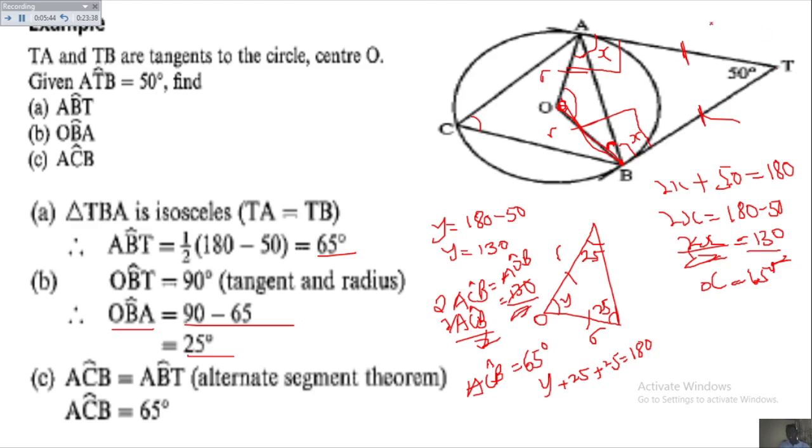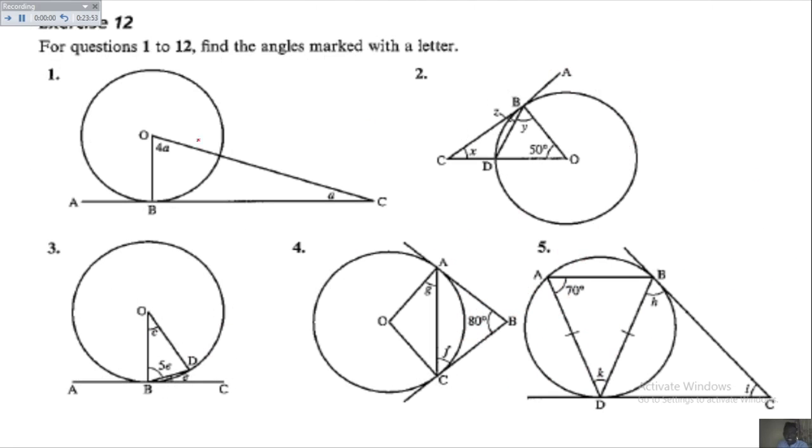The only thing you need to watch out for is that any triangle from the two radii will form an isosceles triangle. The one from the outside will form what we call an isosceles triangle too, once they are meeting at a point. This is a tangent, this is another tangent meeting at a point. Then if you have the tangent with the radius, it will form 90. These are things automatically. This radius, this tangent, automatically this will be 90.